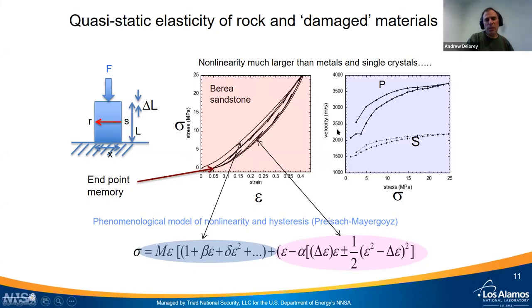In this case, a material that's pumped several times in a complicated way ends up with all these little internal loops, and that's because the elasticity depends on both the strain and the strain history. And so we have some sort of path where the seismic velocity may change over time even at the same stress level.